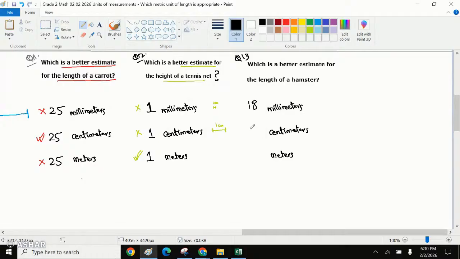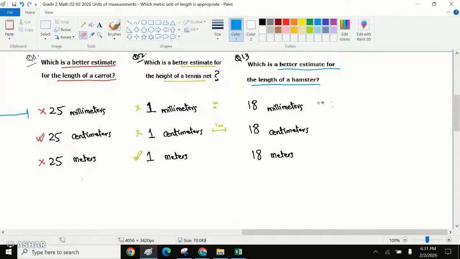18 millimeters, 18 centimeters, or 18 meters. So what is the better estimate for the length of a hamster? 18 millimeters is this much, right? You cannot have a pet this long unless it's a beetle or an insect.